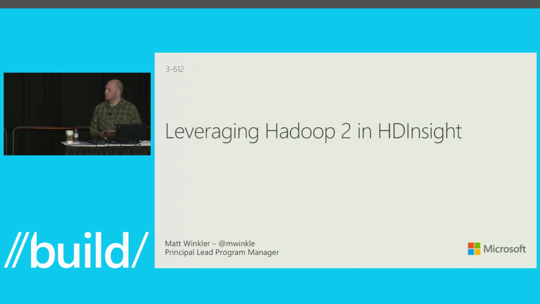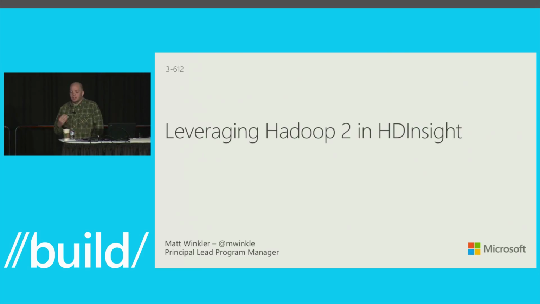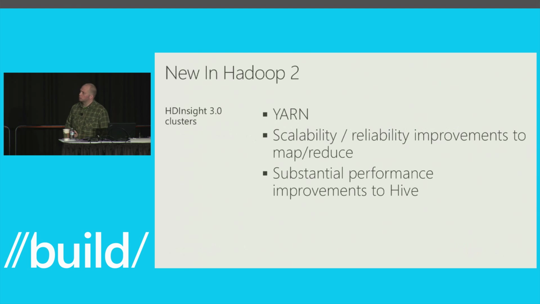Okay, cool. All right, well, what we're going to do today is talk a little bit about some of the enhancements that we've brought into HDInsight as we've brought Hadoop 2 inside. And then what we'll really do is dive into one of the more interesting capabilities of Hadoop 2, which is the performance enhancements which have happened to MapReduce, and then we'll start talking about Yarn, because that's a topic that most folks are fairly interested in when we talk about Hadoop 2.